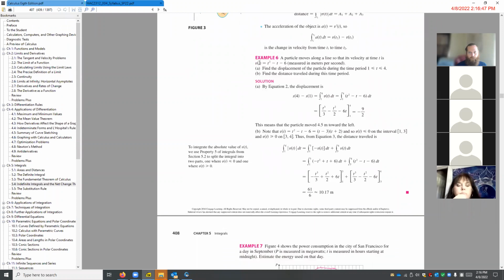A particle moves along a line, so its velocity is v of t equals t squared minus t minus 6. We've got two parts. Find the displacement from t equals 1 to 4. And find the distance from t equals 1 to 4.